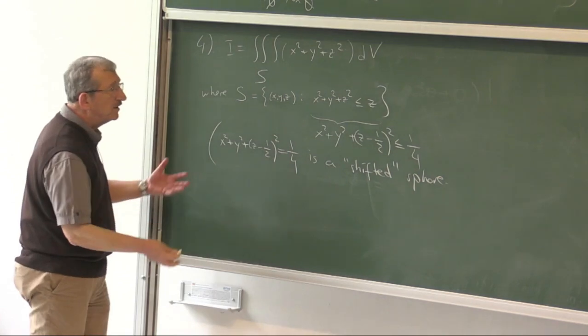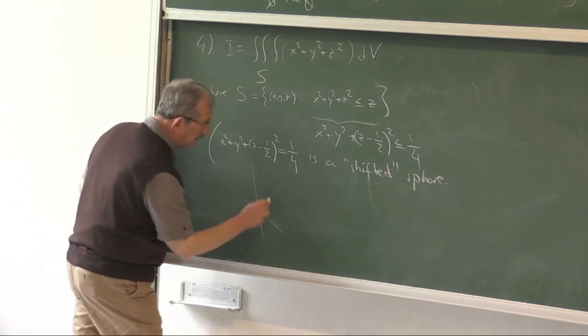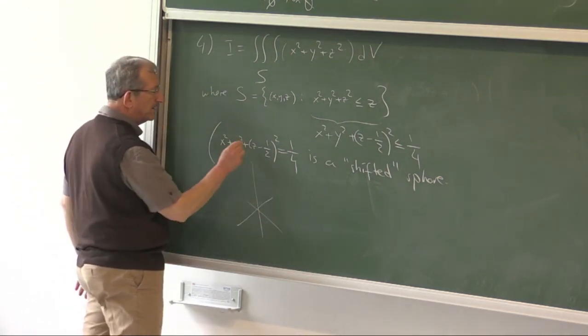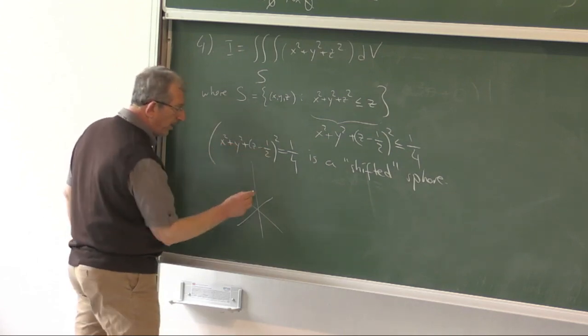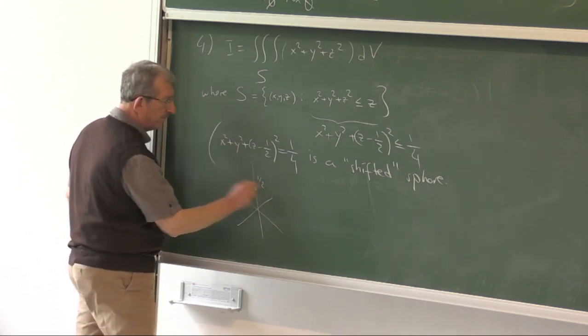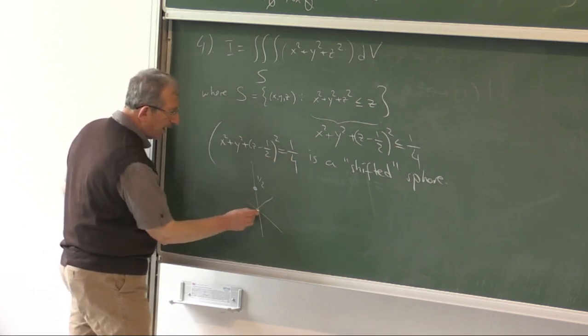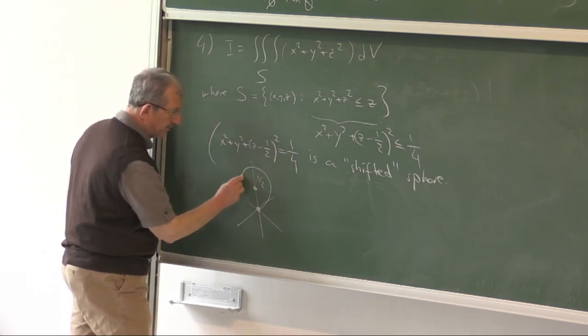How is it shifted? Of course, it's shifted in the z direction. The center is at 0, 0, 1/2. And the radius is 1/2. So it is like this.